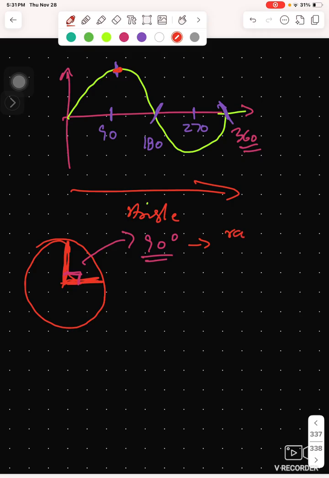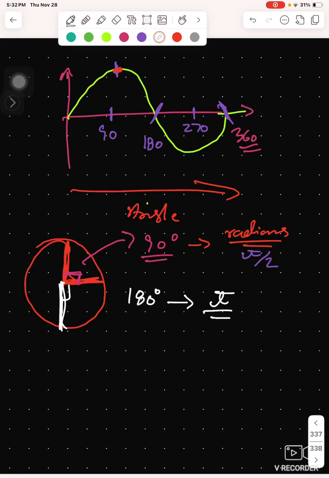In terms of radians, it's written as pi over 2. 90 plus 90 is 180 degrees, which is half, and goes for pi, and so on till we get a whole circle, 360, which gives us 2 pi.